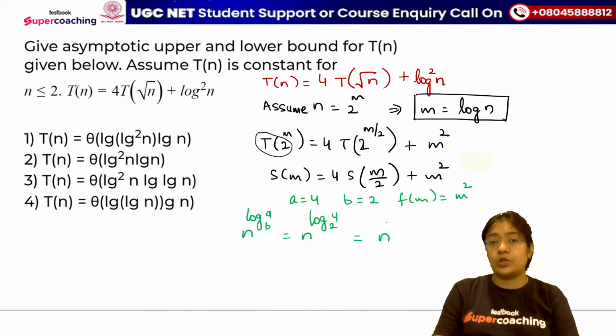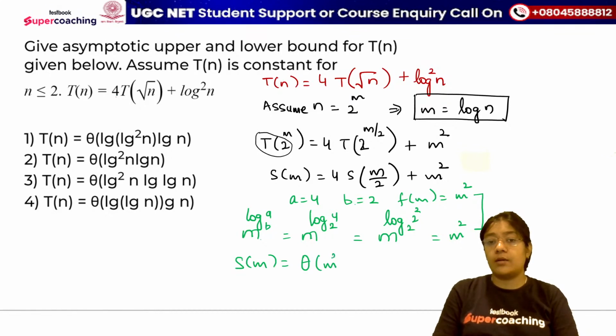That is m raised to power log 2 square with the base 2. That is m square. आपके पास m square आ रहा है. So write this as m square. Anyhow, both are same. अगर tie आ रहा है, so we'll say that s of m is equal to, tie को break करने के लिए we need to take log m.